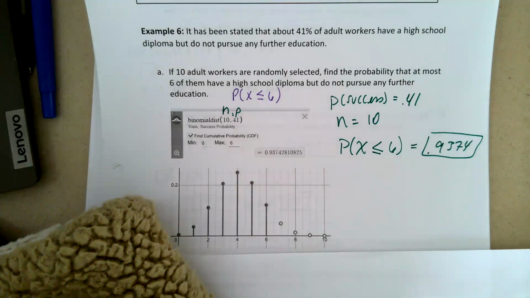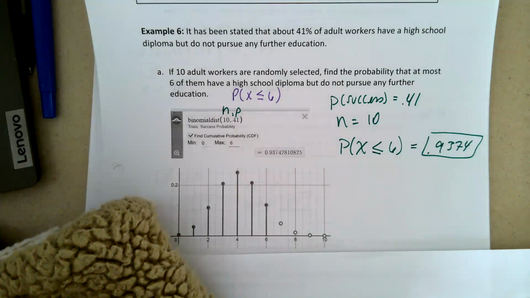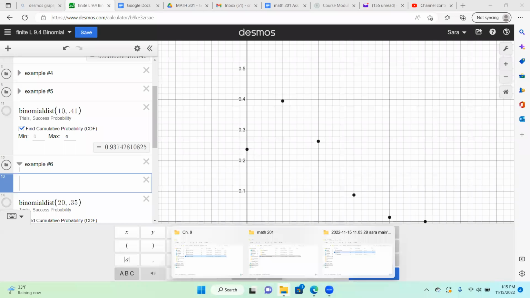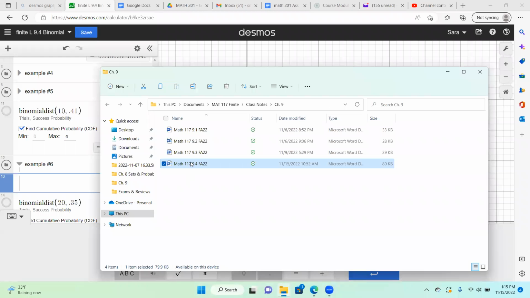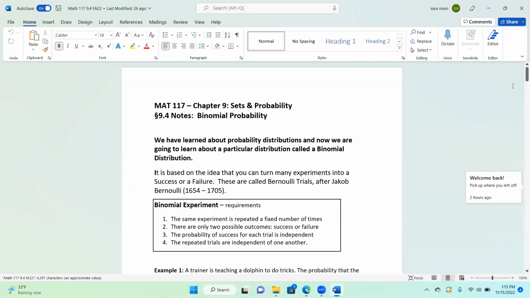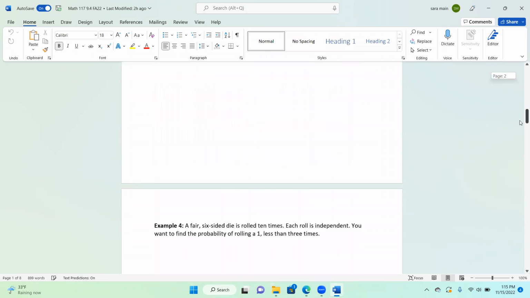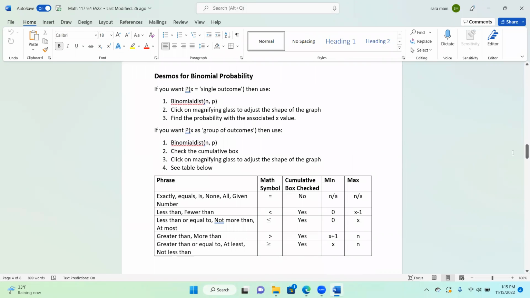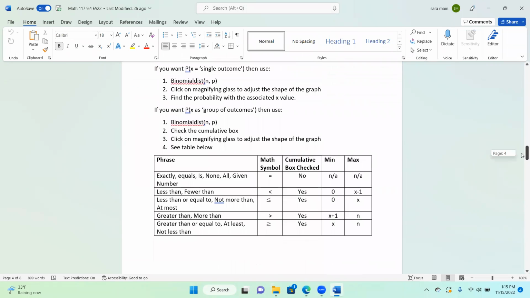So in the notes, some of you may have updated notes. In these updated notes, I have added a little table for this to help with some of the wording.